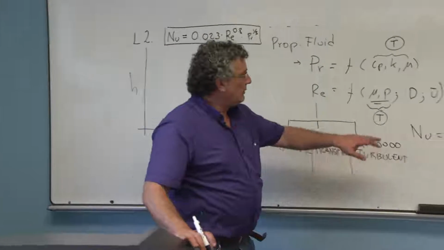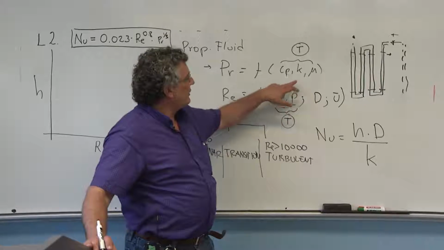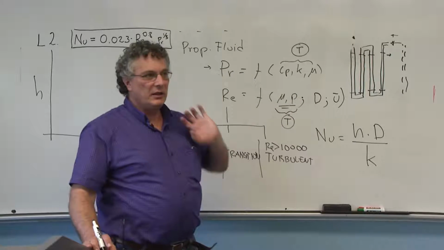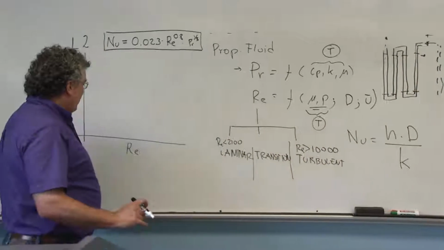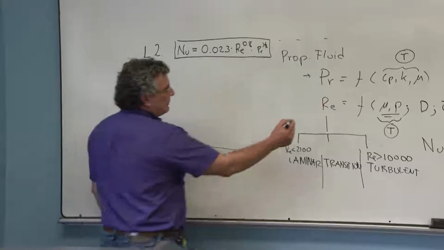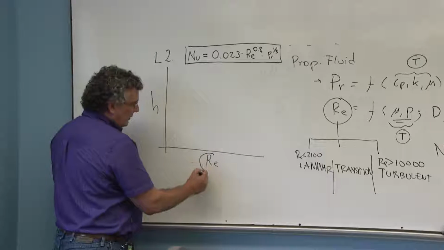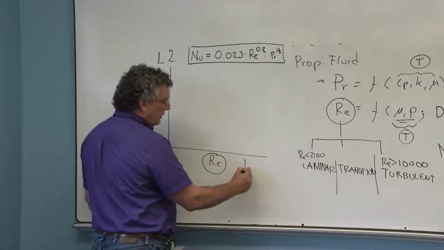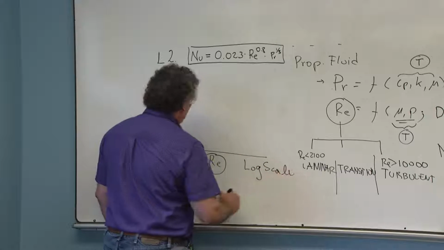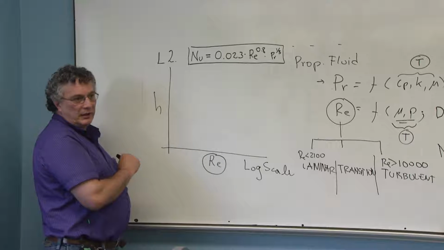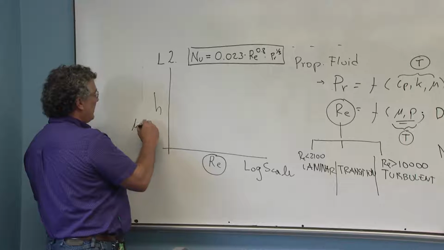So you are going to calculate your velocities, density, viscosity, thermal conductivity, and specific heat at each average temperature, and with that you can calculate your value of h. And what you are asked to plot is the Reynolds number on a logarithmic scale against your heat transfer coefficient, which you can also calculate on a logarithmic scale if you want.